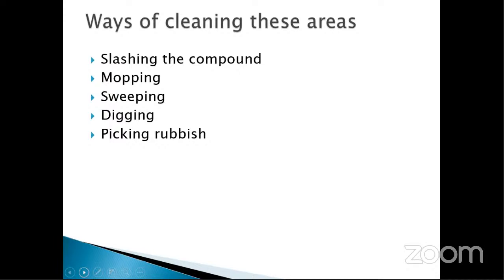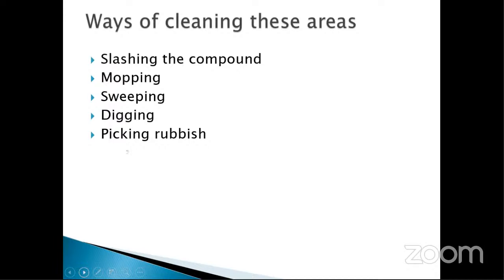The reason why we do that is because we want to keep our environment clean. The reason why we slash our compound is to keep it clean. The reason why we mop the houses, the stores, the sitting rooms, and even the dining rooms, is because we need to keep those places clean.